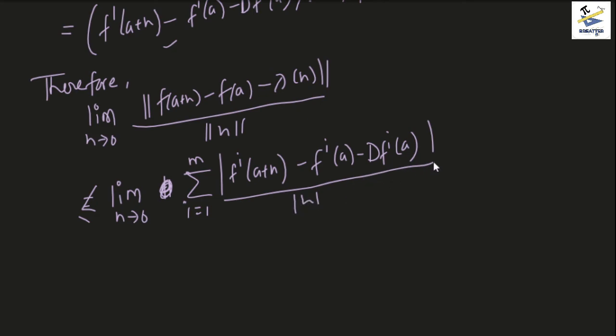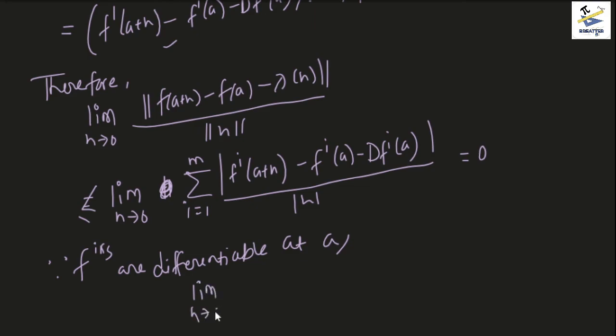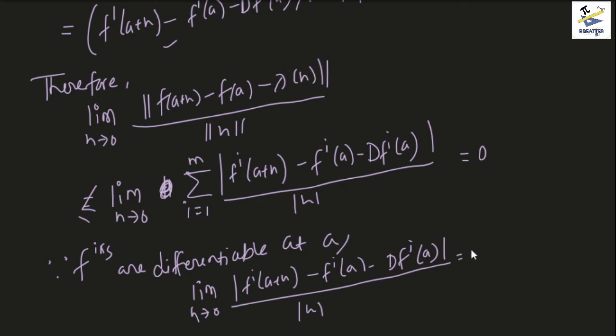And we do understand that all of these limits go to 0. This is because the fi's are differentiable at A, so we know that the limit as h tends to 0 of fi of a plus h minus fi of a minus dfi of a, which is basically the derivative for fi, divided by mod of h equals 0 for all i from 1 to m.